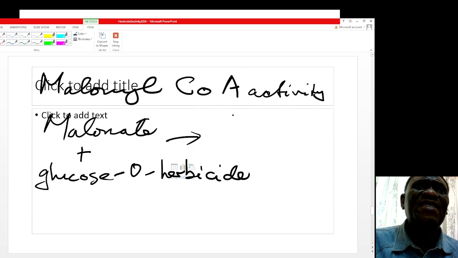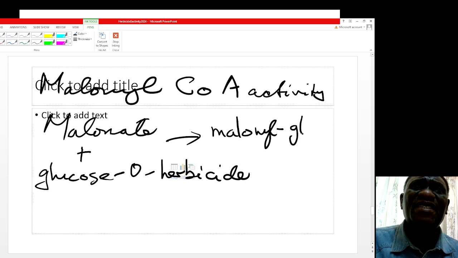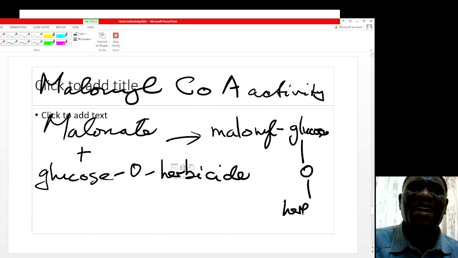This will give us a malonyl or malonate glucose, which is joined to herbicide.